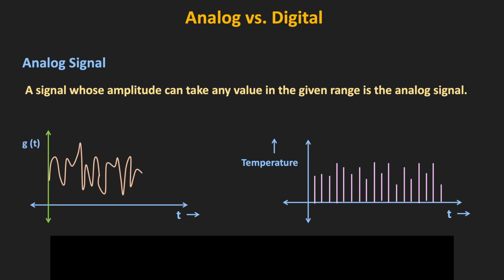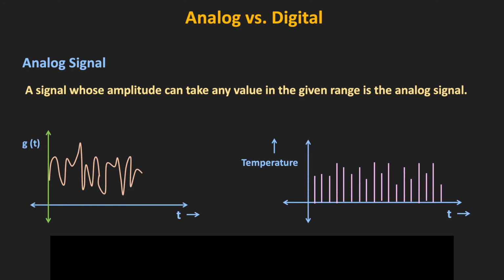But on the y-axis, this temperature can have any value in the given range. On the time scale, it is a discrete signal. So that is the analog signal whose amplitude can take any value in the given range. Most of the naturally occurring signals are analog in nature, for example, the voice signal or the temperature or the pressure which we are measuring.